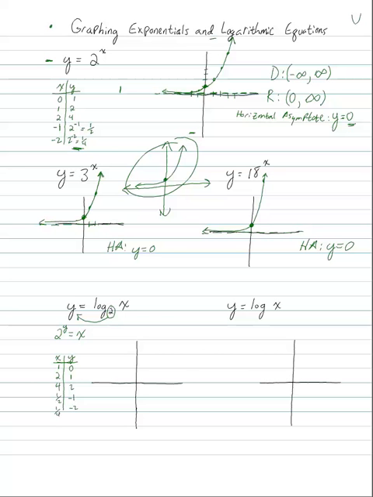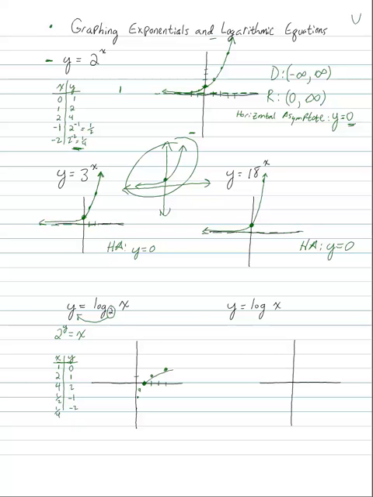So let's go ahead and try to graph this. I'll have the point 1, 0. Okay, I'll have the point 2, 1. Make sure you graph it x, y. 4, 2. And then I'd have the point 1/2 and -1. And 1/4 and -2.